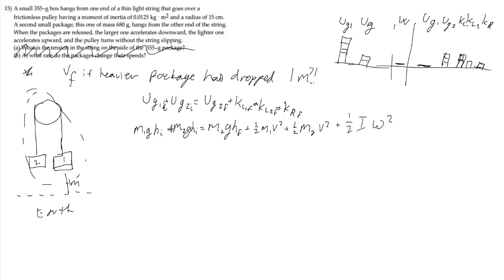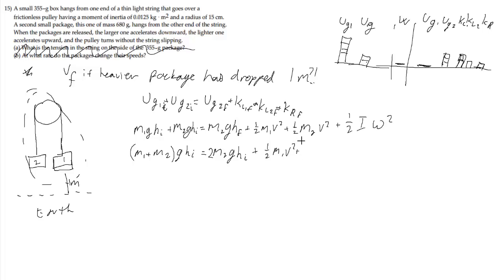We can factor out the g h initial here. So we've got m1 plus m2 times g h initial is equal to m2 g, and I'm going to write this in terms of h initial because it'll help us out later. h initial, and this is going to be times 2 now because, again, this is up here, plus 1/2 m1 v squared.